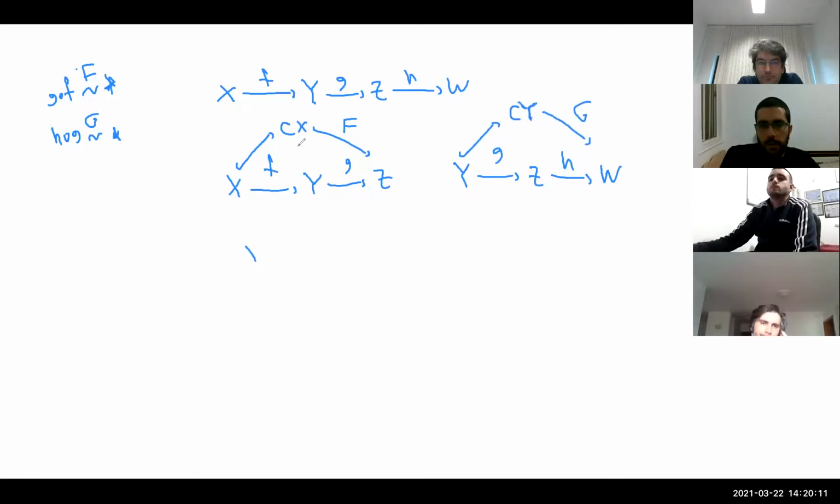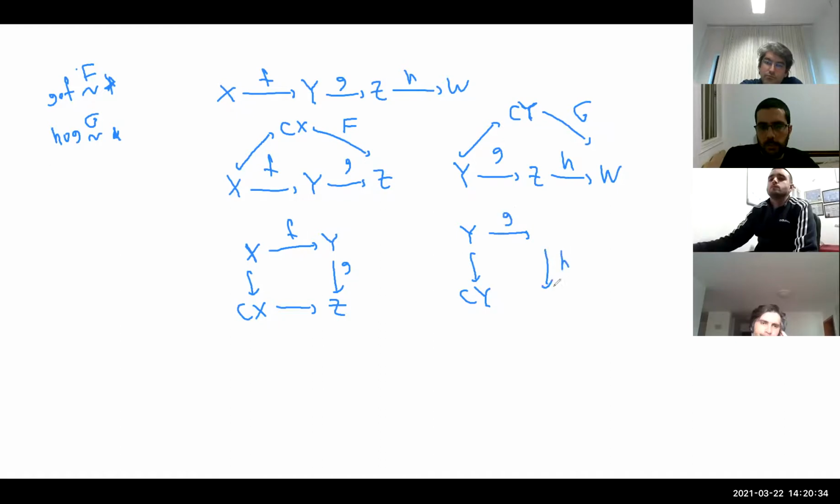In fact, this square with x, y, g, z, and this square with y, g, h, and here it's g.